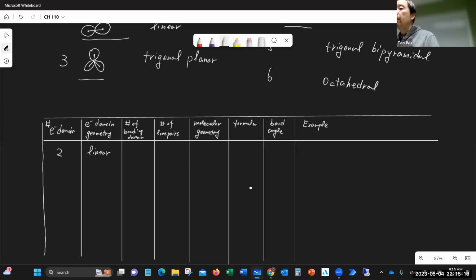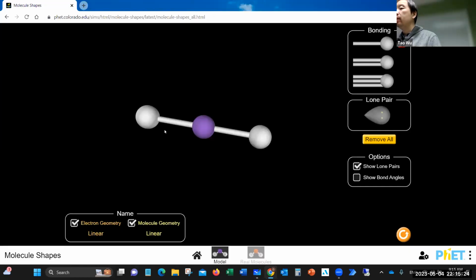Here we're talking about the bonding domain or lone pairs. This two electron domain could be just bonds. Bonding domain means single bond, double bond, triple bond. Those are all one bonding domain each.